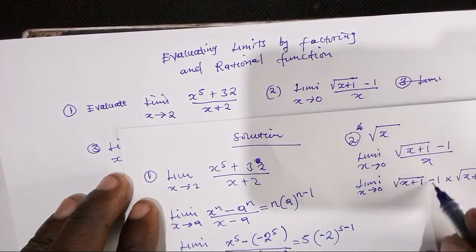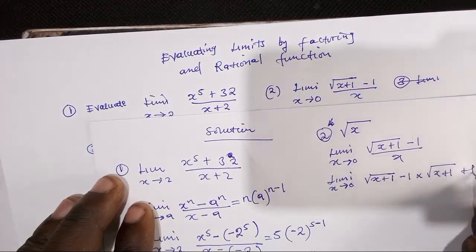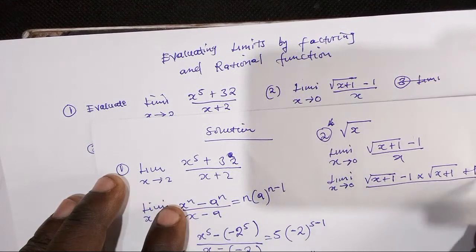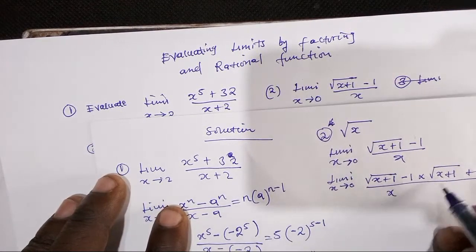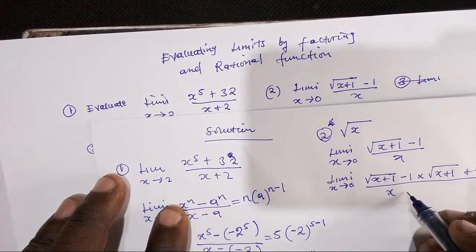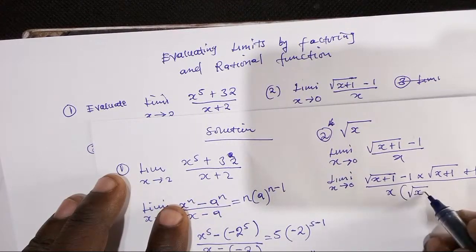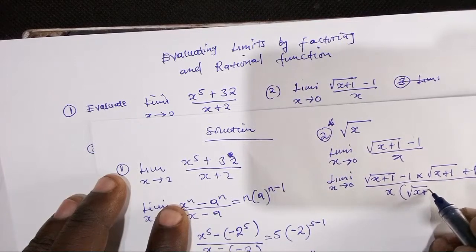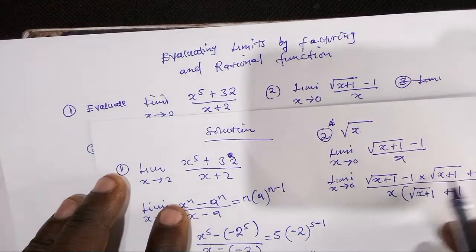Where this is negative, it will change to a positive. So here we have a positive 1, then over, we are going to do the same down here: x multiplied by the same conjugate, which is (root x plus 1, plus 1).